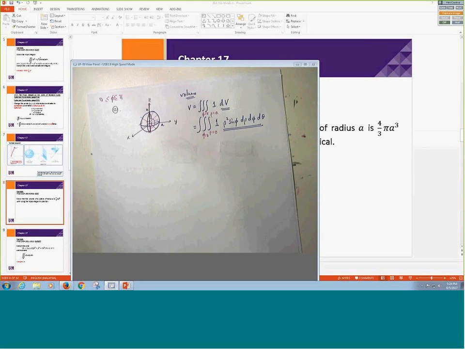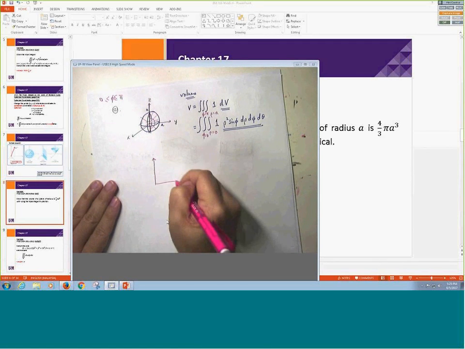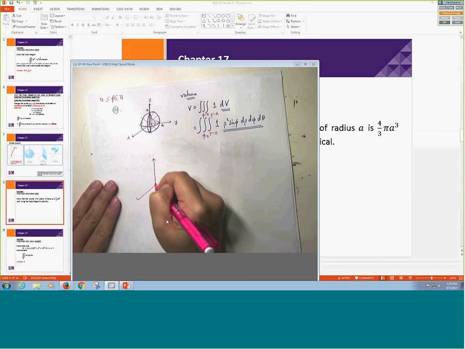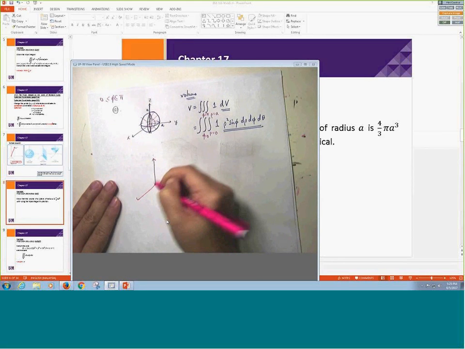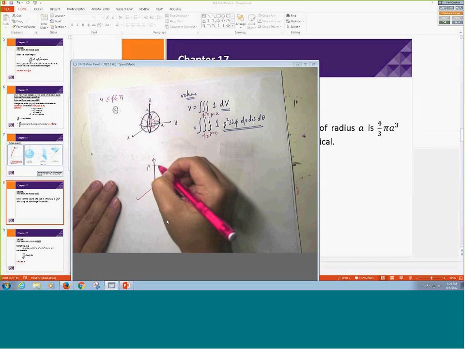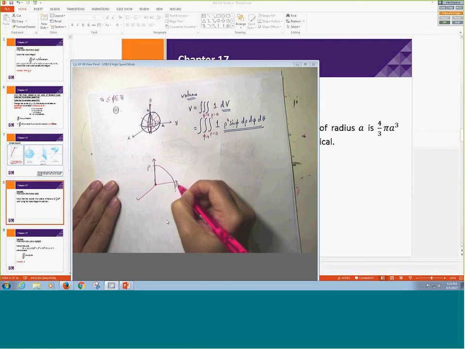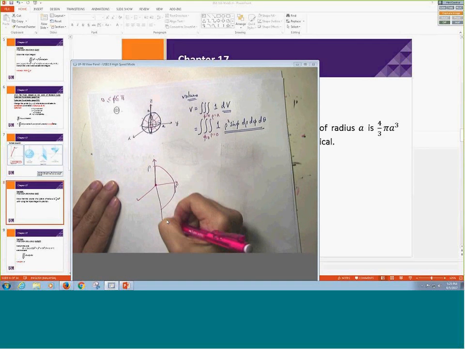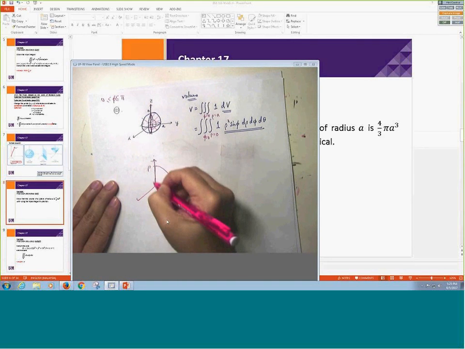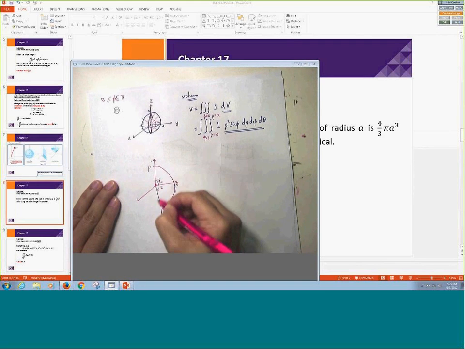Okay, so what does it mean? It means that now you have rho from 0 to A, and your phi from 0 to pi.